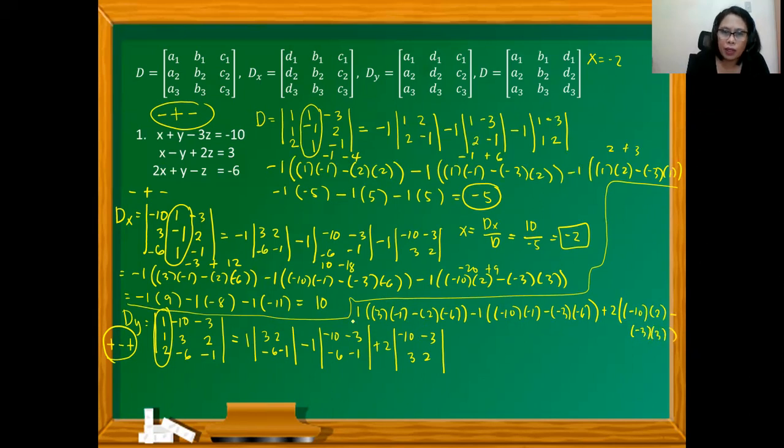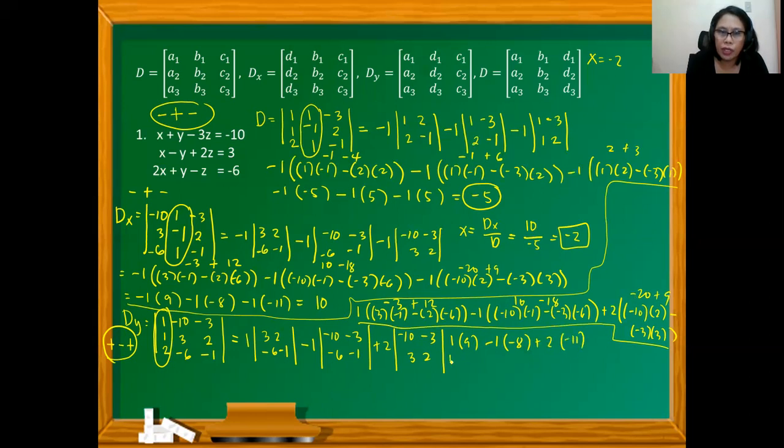Okay, simplifying this expression, we got, so this is negative 3, and then this is plus 12. This is 10 minus 18, and this is negative 20 plus 9. So we have 1 times 9 minus 1 times negative 8, and then plus 2 times negative 11.